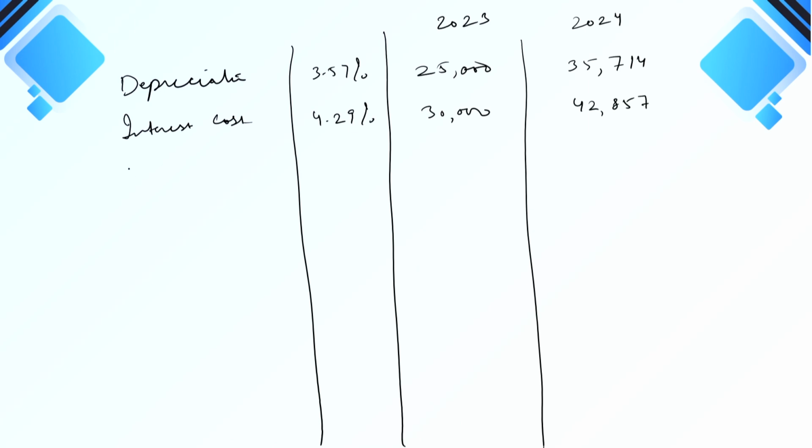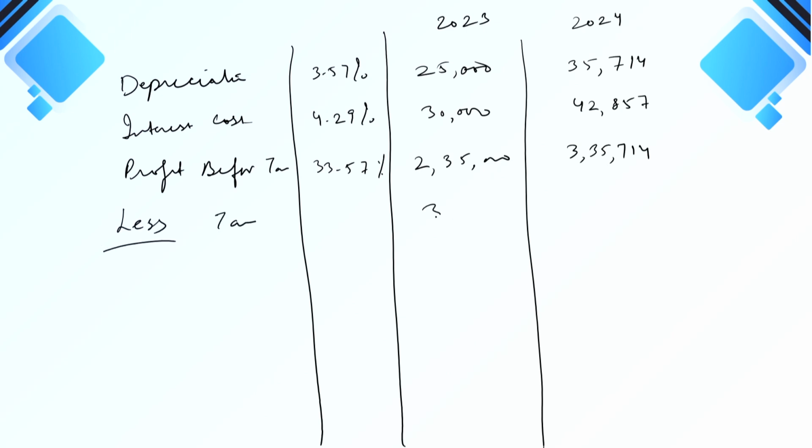42,857 rupees. Then we have profit before tax, which would be 2,35,000 for the year 2023. 33.57% comes to 3,35,714 rupees. Out of that we deduct the tax, which was 30,000, around 4.29%, 42,857, and in the last we can calculate the profit after tax.